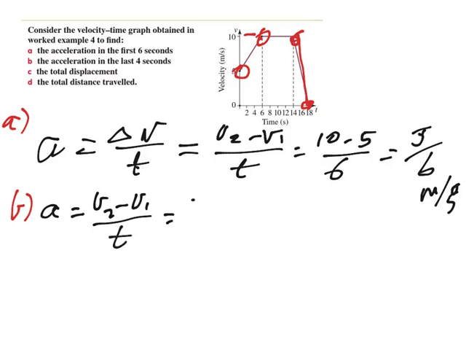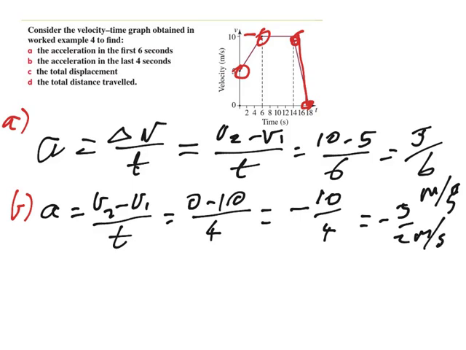The final velocity is 0. The initial velocity is 10, over 4. So that would be negative 10 on 4, or negative 5 on 2 meters per second squared for that one.